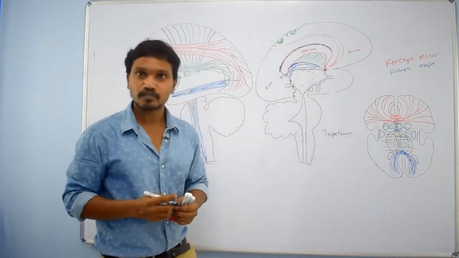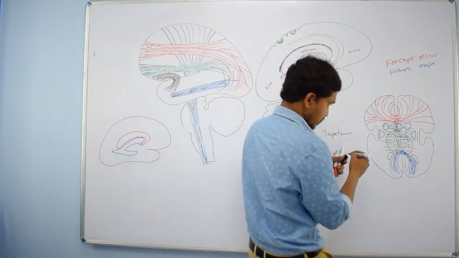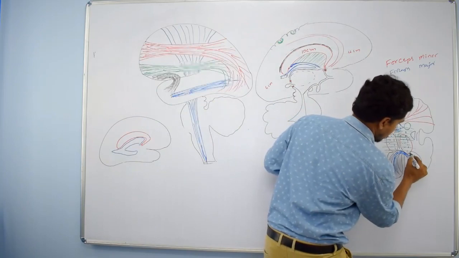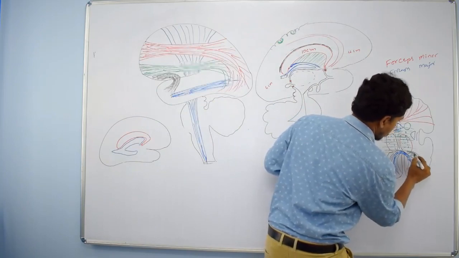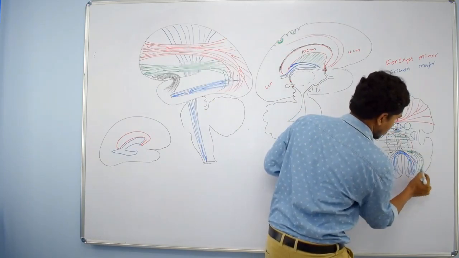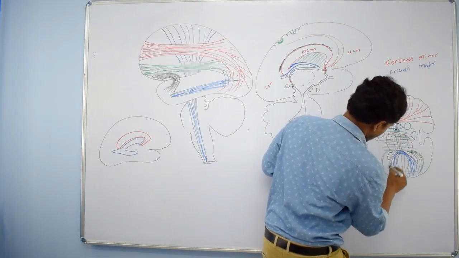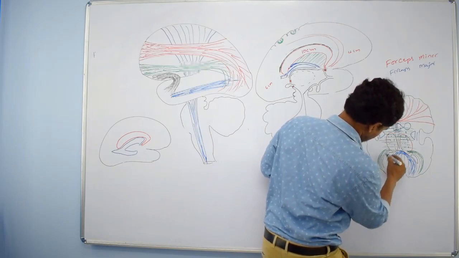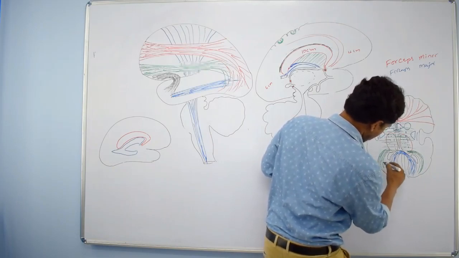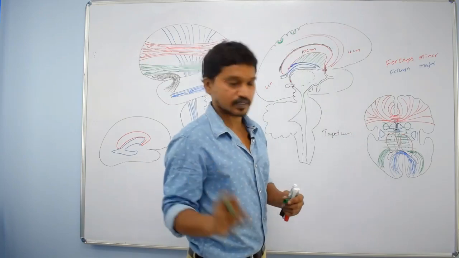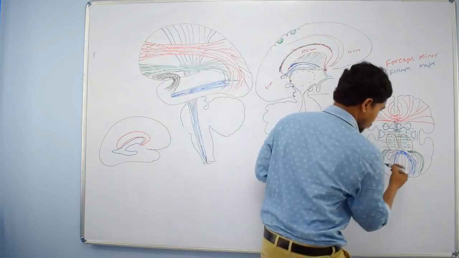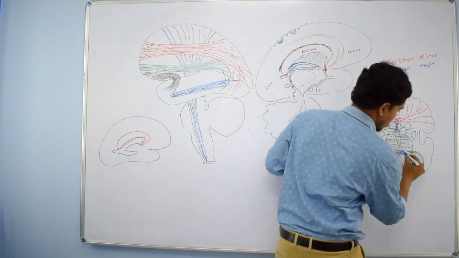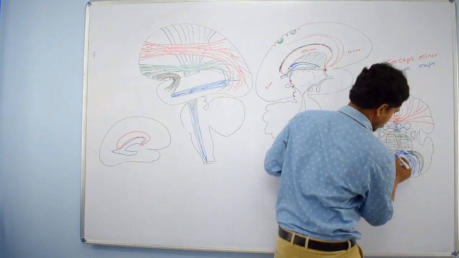See here, these are truncal fibers. The tapetum thickness is around 2 centimeters. Of course, some contribution will be there from the splenial fibers also.